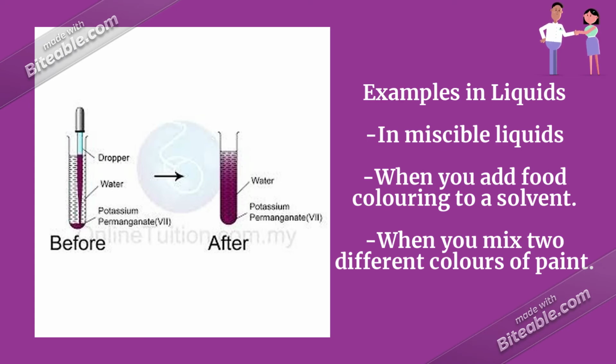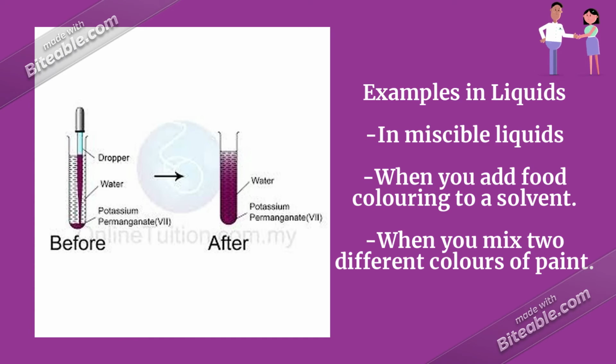Now, if you look at the picture, you can see that there's water, and we're adding potassium manganate to the water from the dropper. As we add the potassium manganate, you can see that it starts to mix, which means it is diffusing from its region of higher concentration to its region of lower concentration. Eventually, it is evenly mixed as it has reached its state of equilibrium, and this happens in all cases of diffusion.